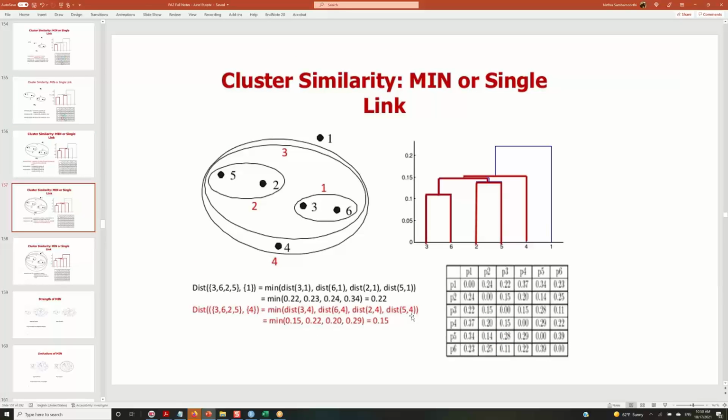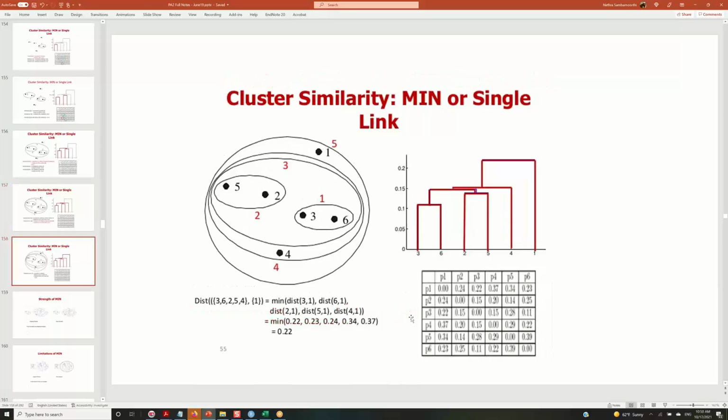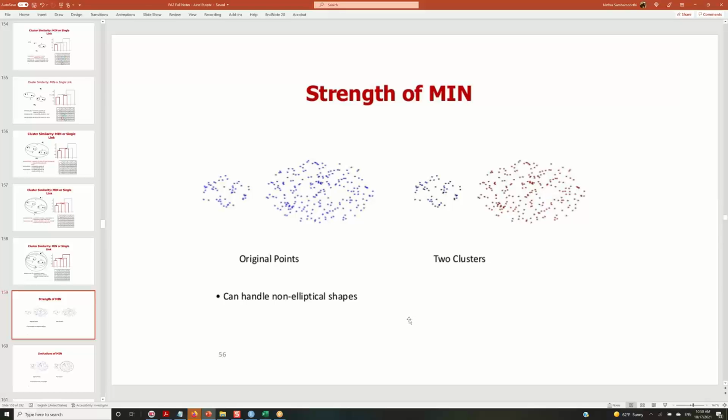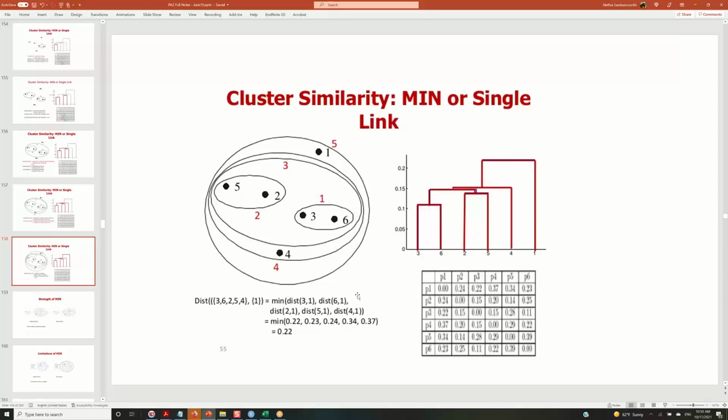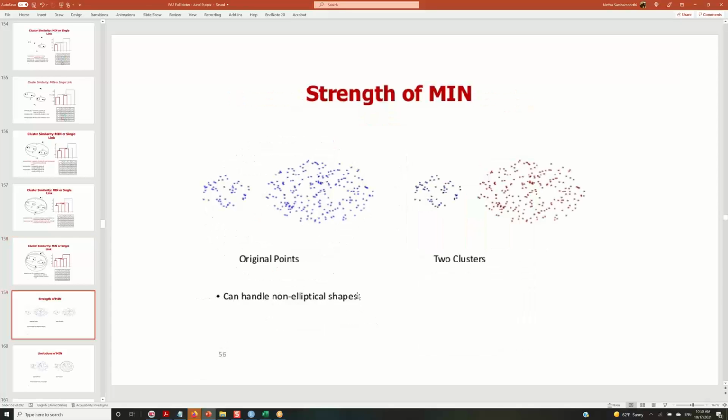Now, the other method is, so let's talk about the strengths of minimum linkage, minimum or single link. If the original points are like this, it will clearly separate out two clusters. It can handle non-elliptical shapes also. So it works out very well.